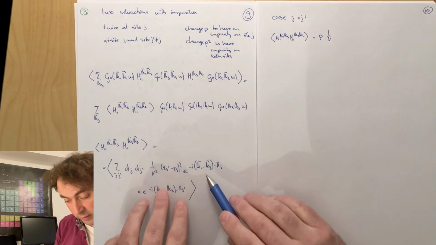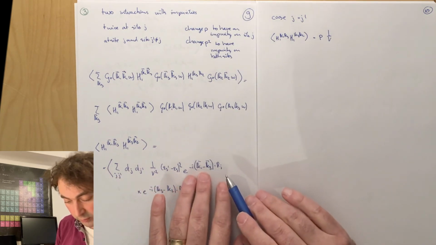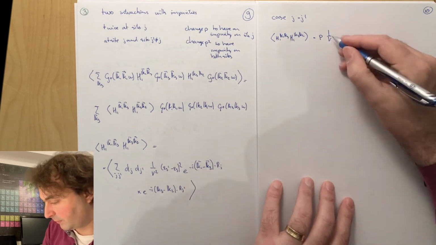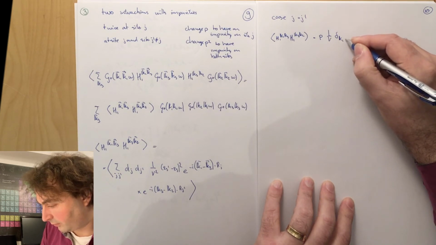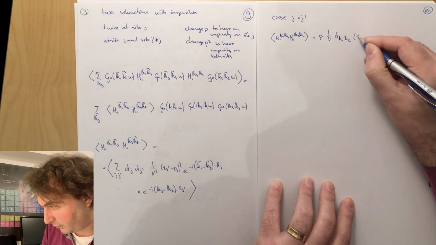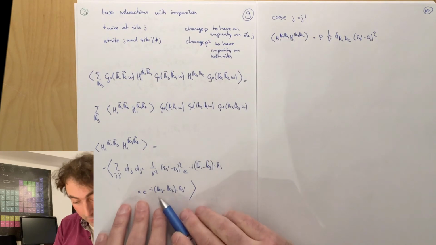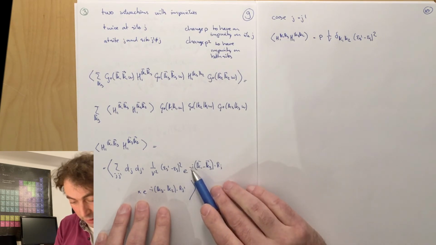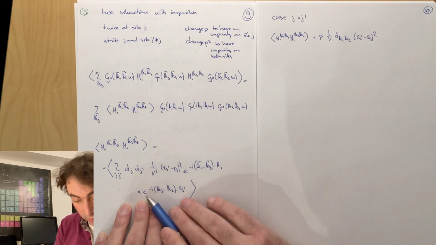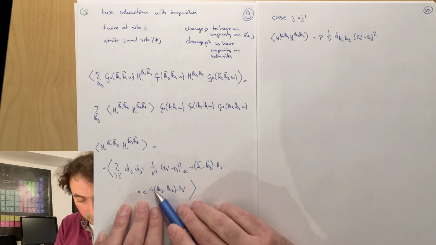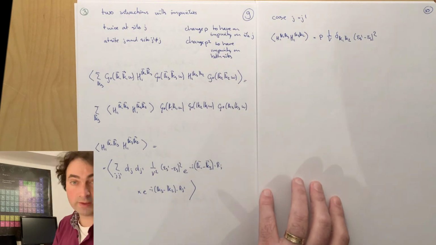Then we have these sums over j and j prime, which is now a sum over j, and each one of the Fourier transforms gives a delta function, so that we have delta k1 k2, epsilon s prime minus epsilon s squared. The other one is gone because we have e to the minus I k3 rj and e to the plus I k3 rj, with j equal to j prime, so that also disappears.